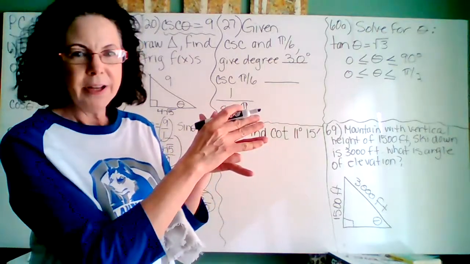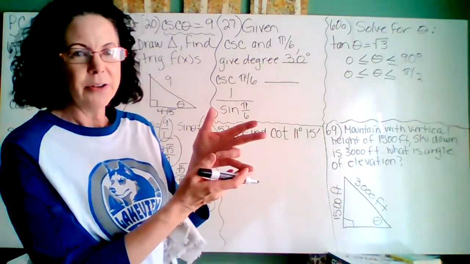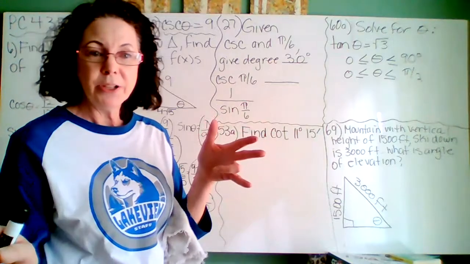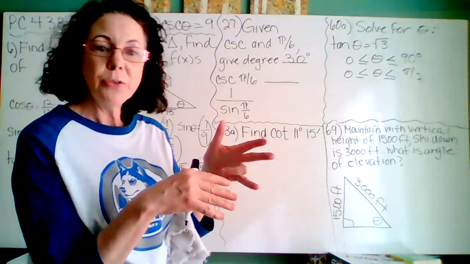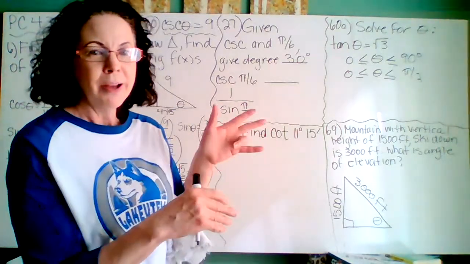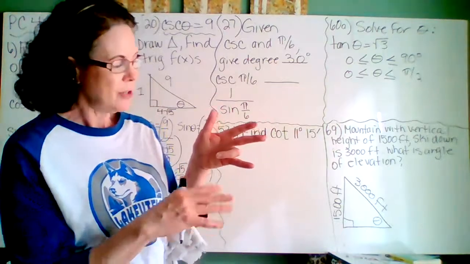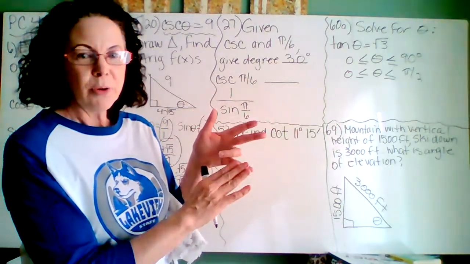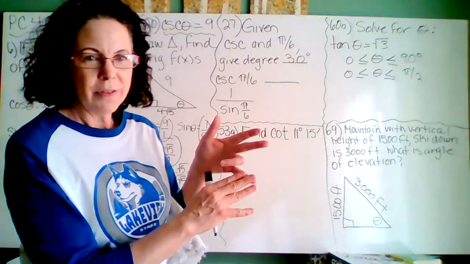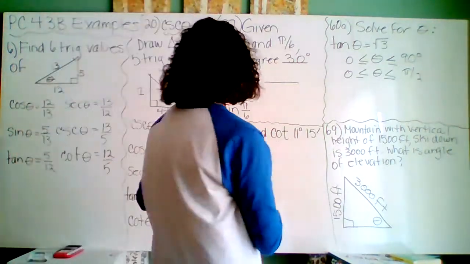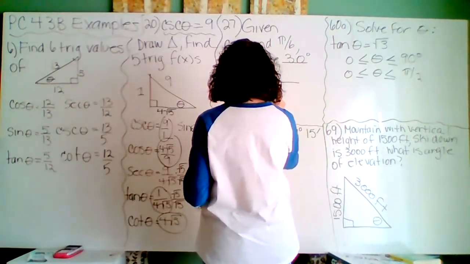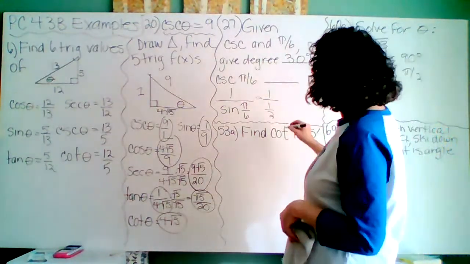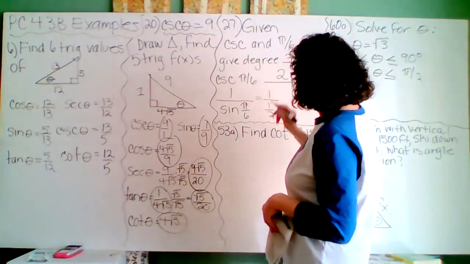Cosine are the top fingers, sine are the bottom fingers. And it's the square root of the fingers divided by 2. The dividing by 2 doesn't have anything to do with your fingers. It's always dividing by 2. Cosine, sine, the square root of one finger is 1 divided by 2 is 1/2. So this is the reciprocal of 1/2, and the reciprocal of 1/2 is 2.